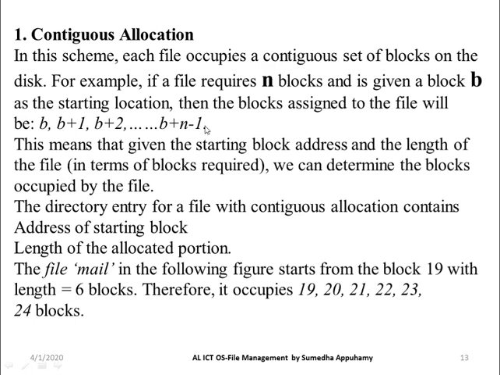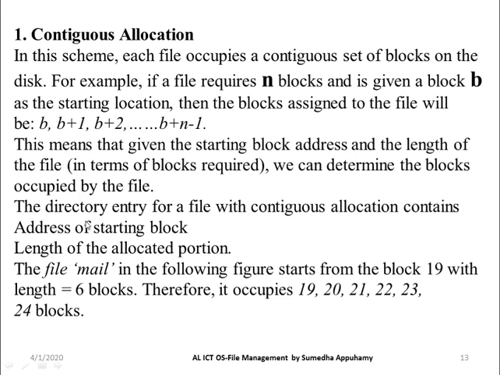So these are adjacent, nearest blocks. In contiguous allocation, they use the nearest blocks to store the file. This means we are given the starting block address and the length of the file: starting block is B and the length is n. Now the operating system can figure out how it has to store the file.